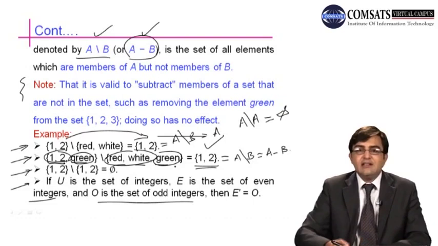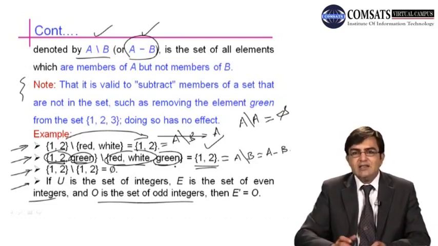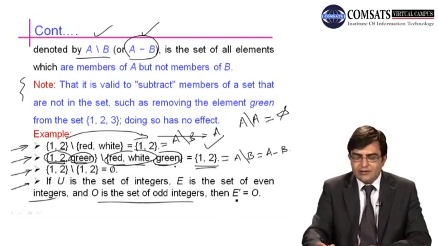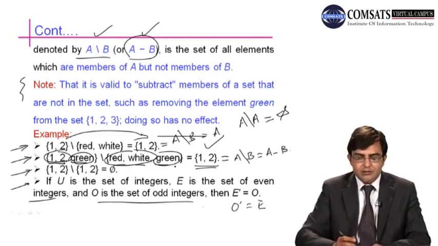U here is the universal set, E is its subset, O is its subset, and the complement of E is O, and the complement of O is E with respect to the universal set. This is the complement which you have already studied.